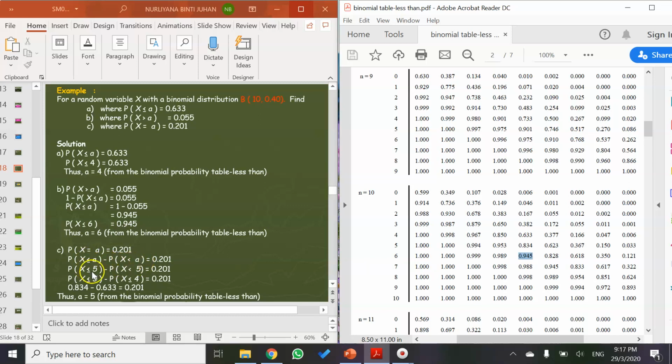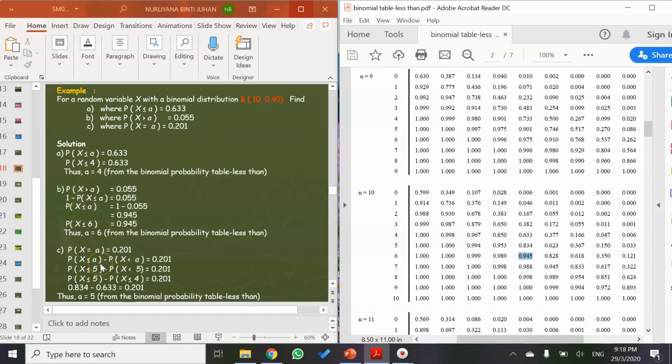So how do I know it's 5 over here? Why is it 5? Why isn't it 3, 2, or 1, or so on? Because if we refer back to the previous one, here you have a equal to 4 and here you have a equal to 6. So it should be somewhere in the middle. So it can be 5.